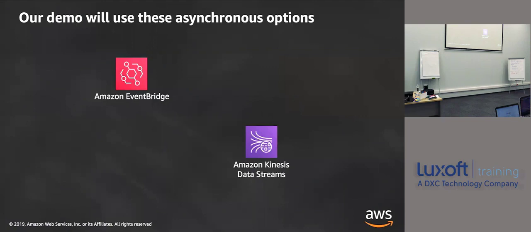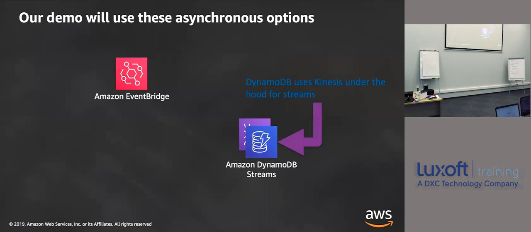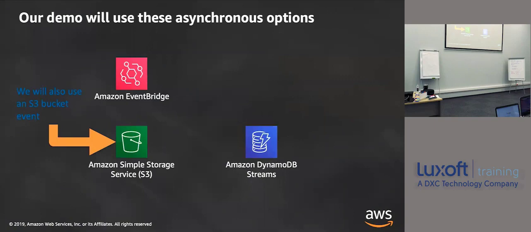In this one, we're particularly going to use Amazon EventBridge, and we're going to use DynamoDB, but DynamoDB under the hood uses Kinesis to handle its streaming. What this means is that I write data. Actually, I'll just show you the demo and then it'll make more sense. I'm also going to use a trigger based off of Amazon Simple Storage Service.